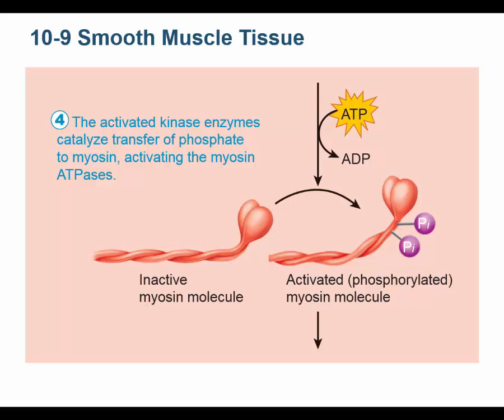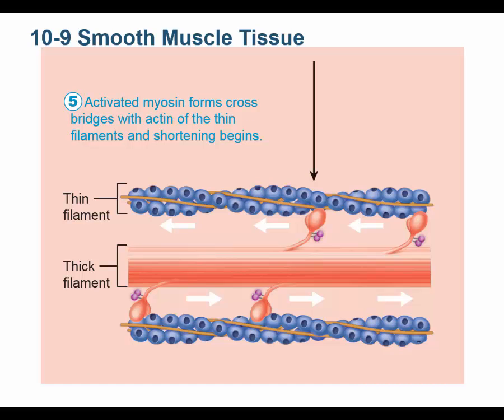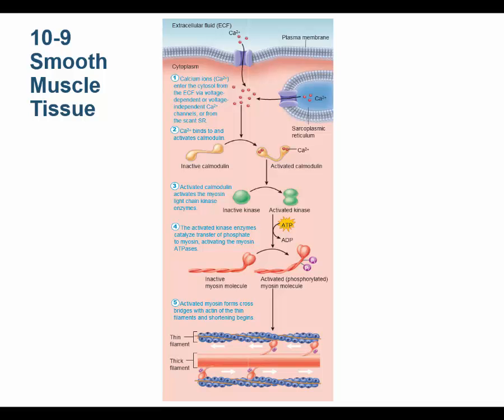Now it's cocked and ready to bind. The activated myosin heads bind and swivel. All right. How do I stop this? Phosphatases. However, if the phosphatases cleave while attached, you enter the latch state. If the myosin head detaches and then the phosphatase cleaves, you get normal relaxation.